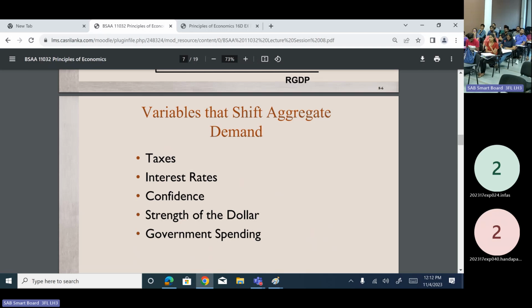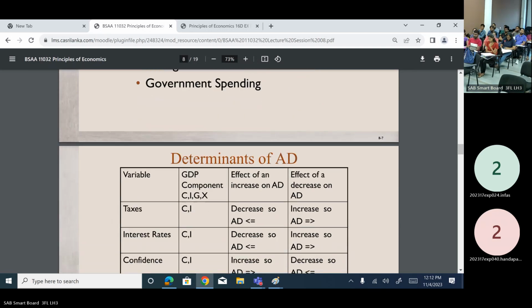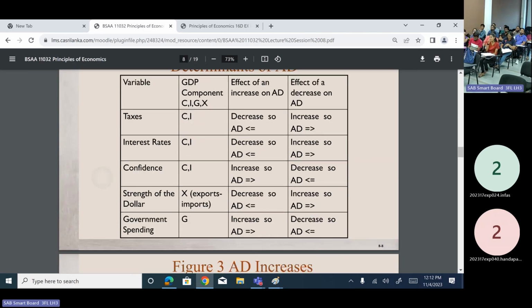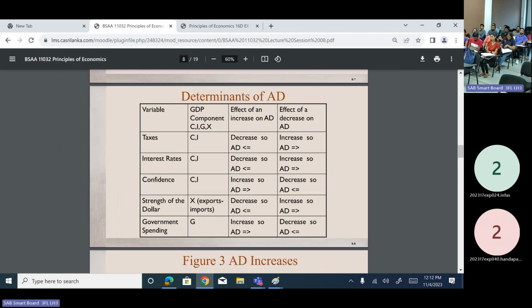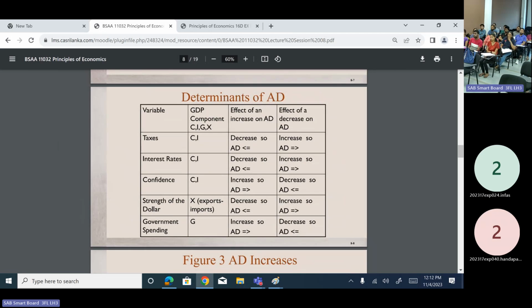Just know these. For your extra knowledge, not for examination purposes, how taxes will impact aggregate demand, decrease or increase, I have given it out in a table. Again, not examinable. You just need to know the basics at this principles of economics stage.